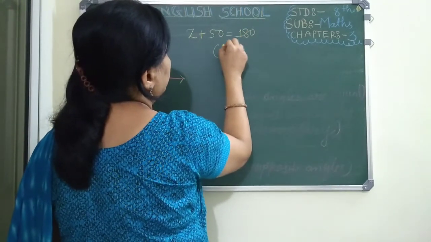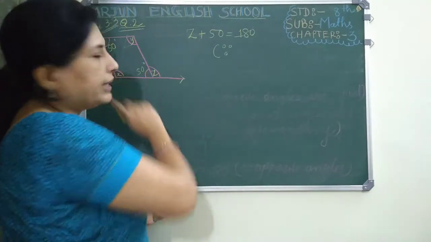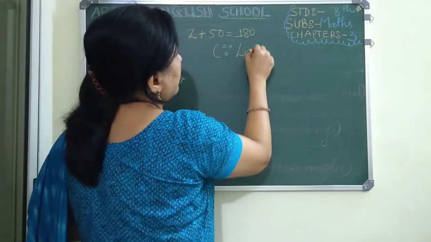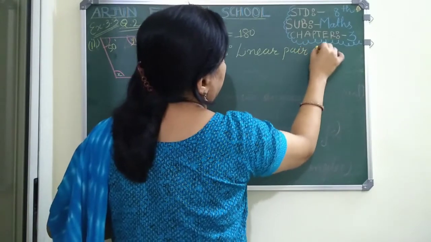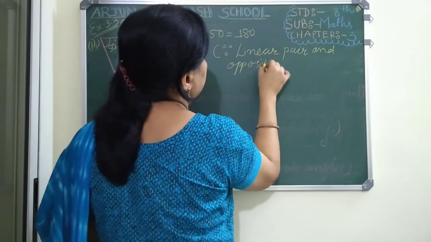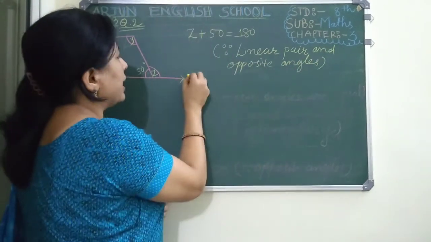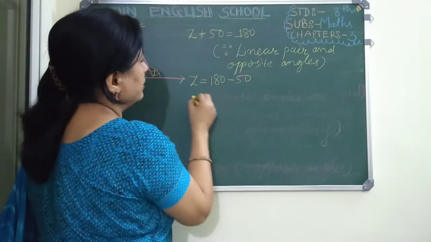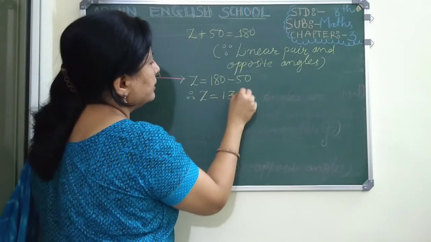In brackets we will write linear pair and opposite angles, because we have used two properties. Now Z is equal to 180 minus 50. Therefore, Z is equal to 130.